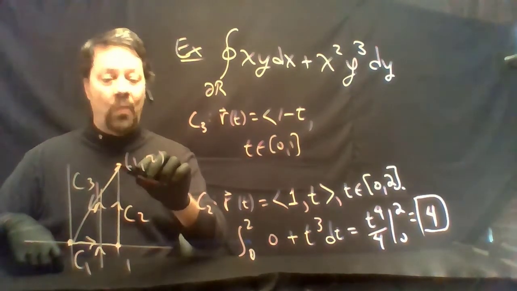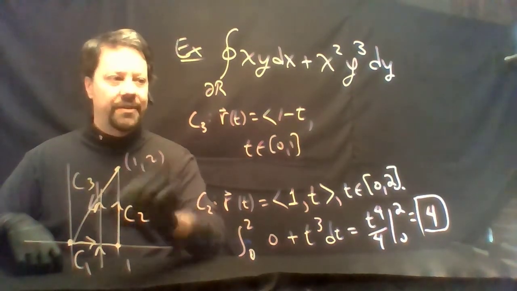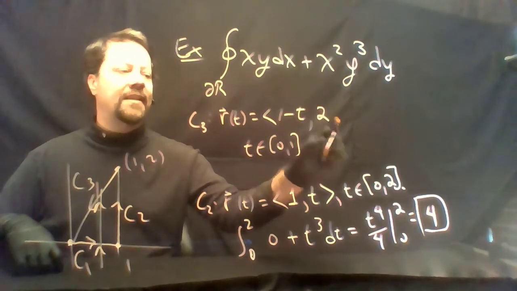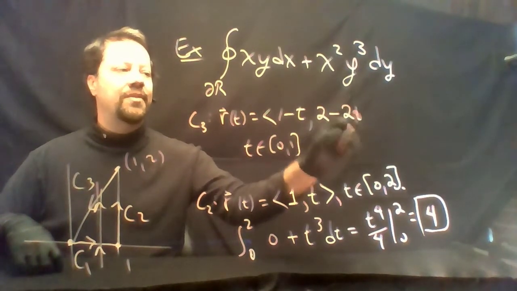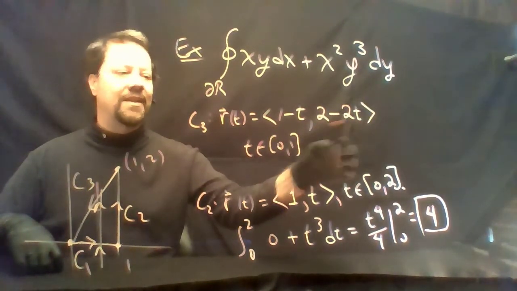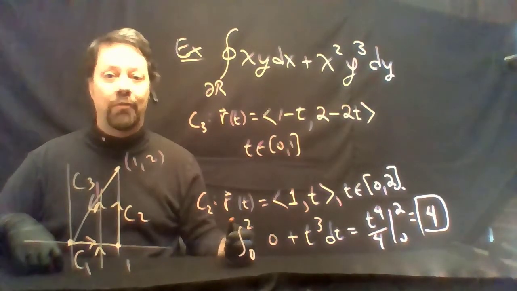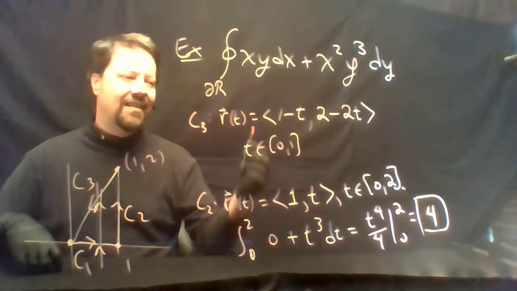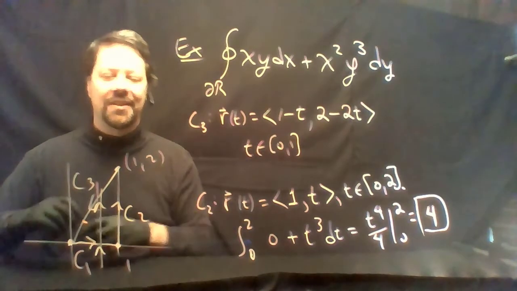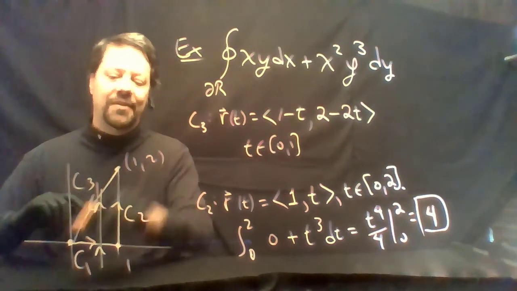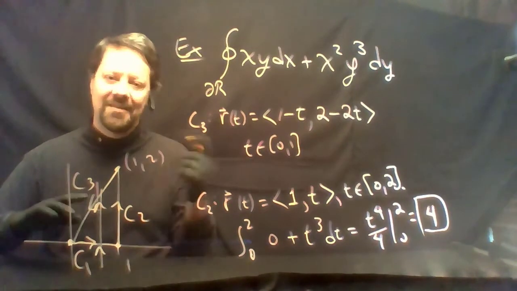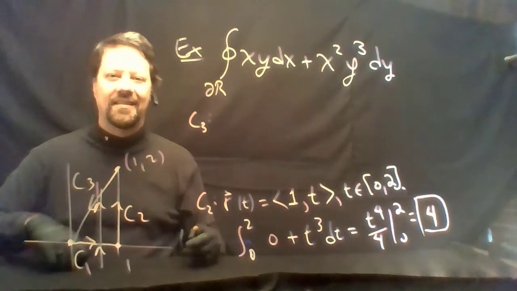But y goes from 2 to 0. You'll have to have something like 2 minus 2t there. That way when t is 0, you're at 2, and when t is 1, you have a y value of 0. This gives you the correct orientation. You can parameterize it the wrong way, but just negate the integral.